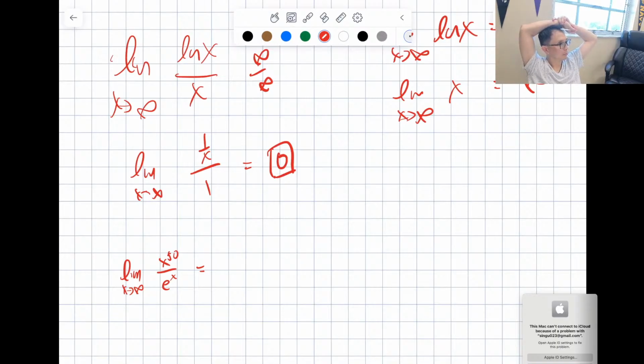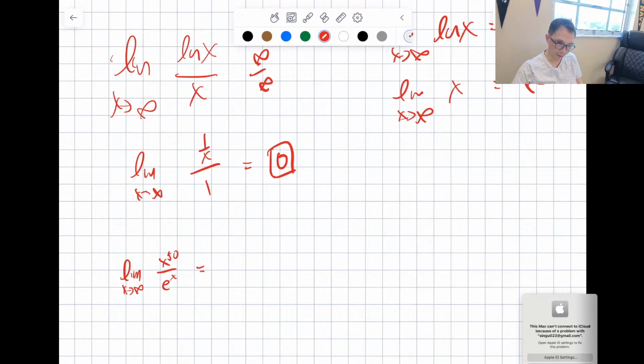Does everybody understand what he's saying? Because if you keep on doing L'Hopital's rule 50 times, because L'Hopital's rule can be done twice or 3 times, actually you can keep on doing it until it works. So in this case, you keep on doing that, which is 50x to the 49, and the numerator will eventually become 50 factorial.